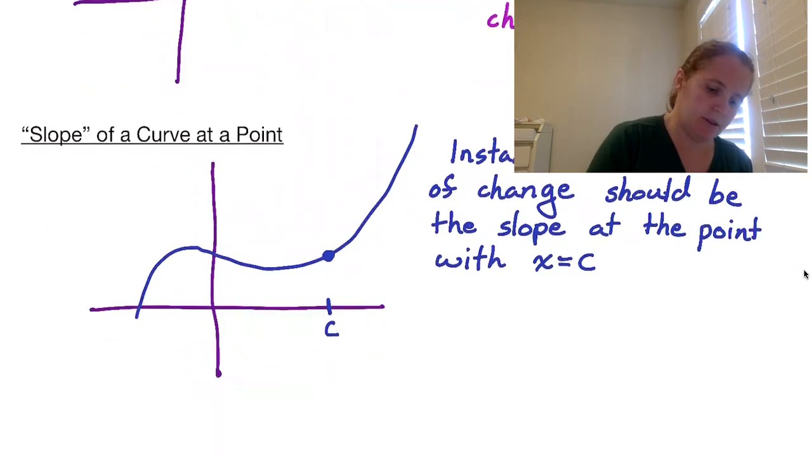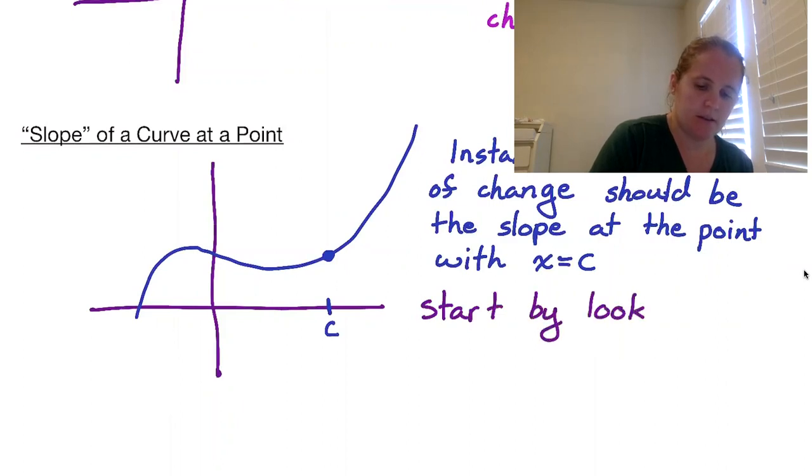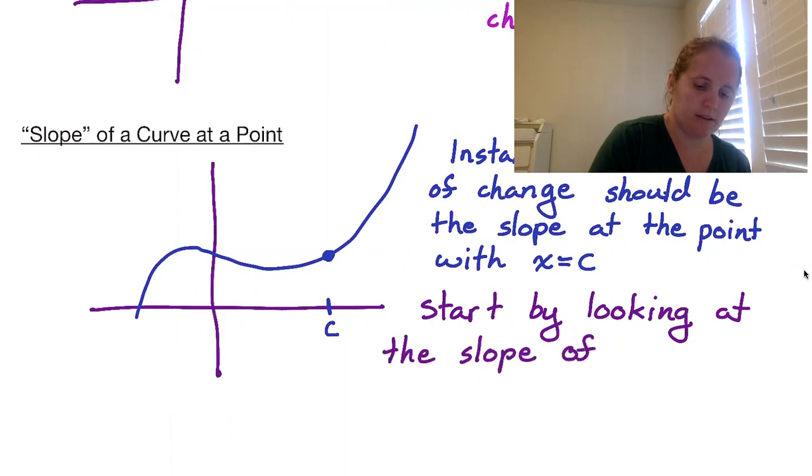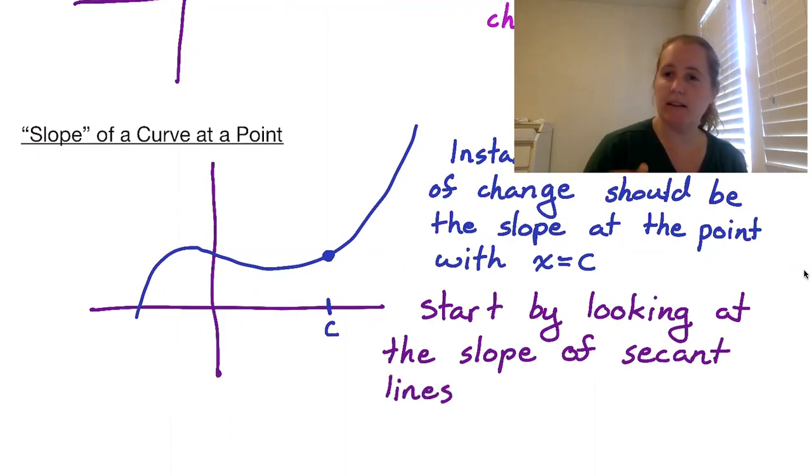So we will start by looking at the slope of secant lines, and then let the points get closer and closer together.